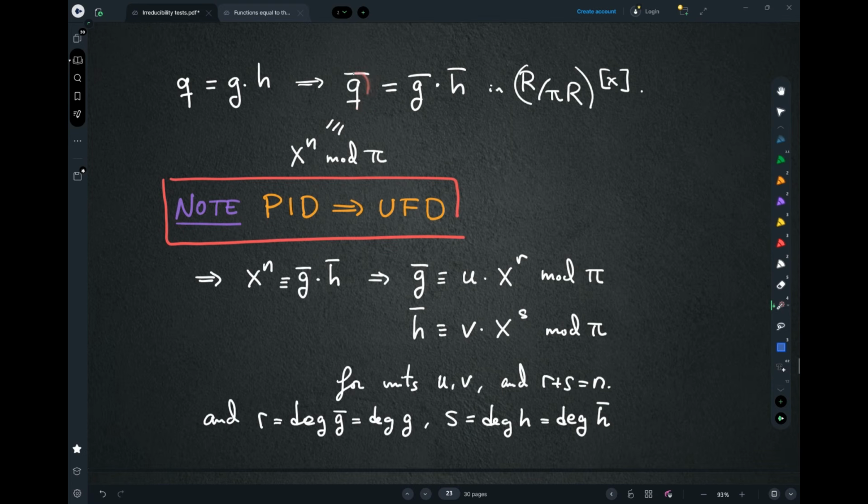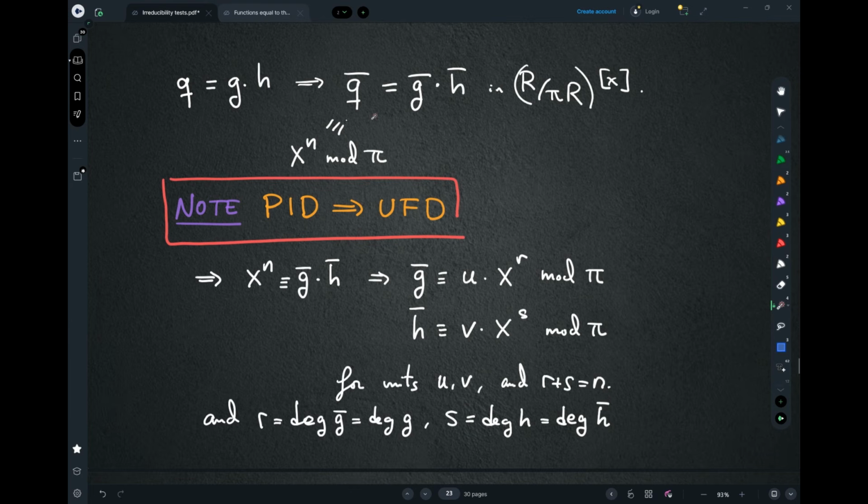Because Q is Eisenstein, pi divides every coefficient except the monic coefficient. Therefore, the reduction of Q is x to the n modulo pi. And moreover, something we'll prove at some other time is that if you have a PID, then you have a unique factorization domain.